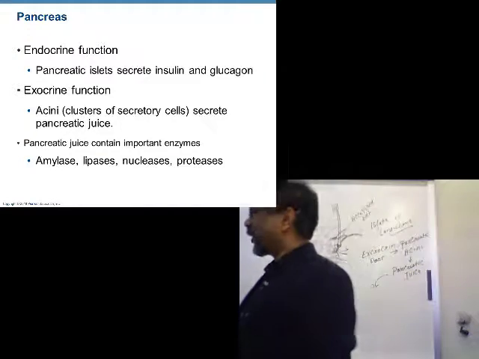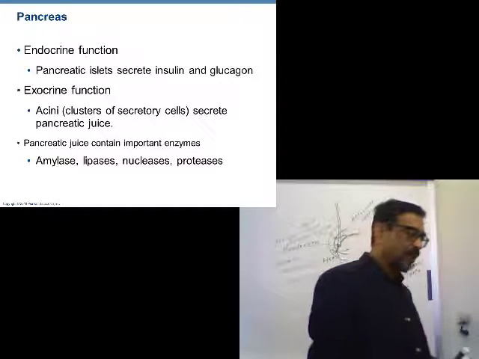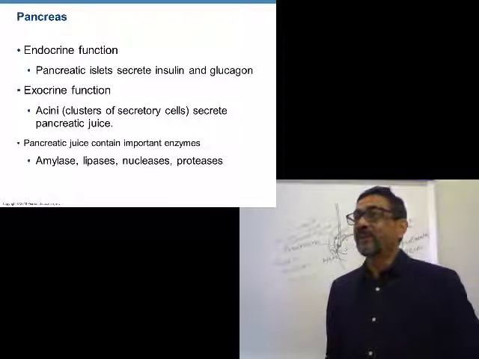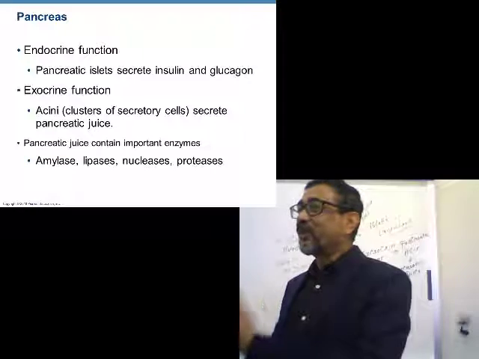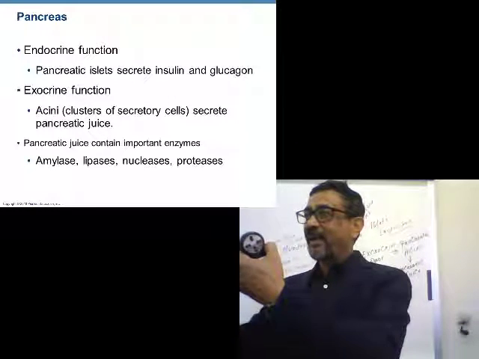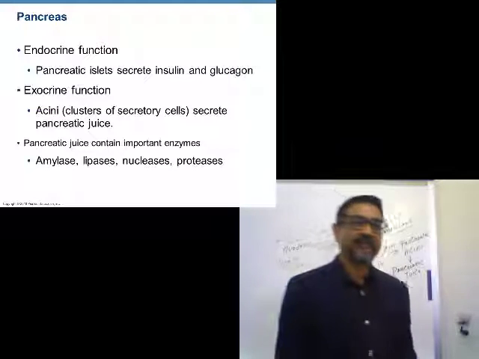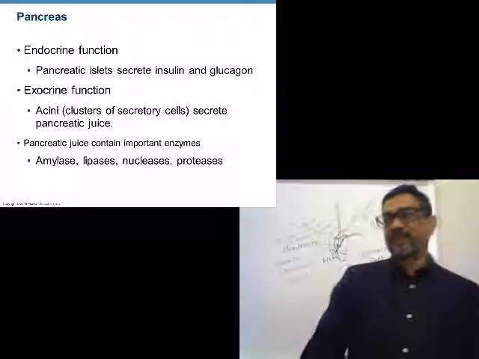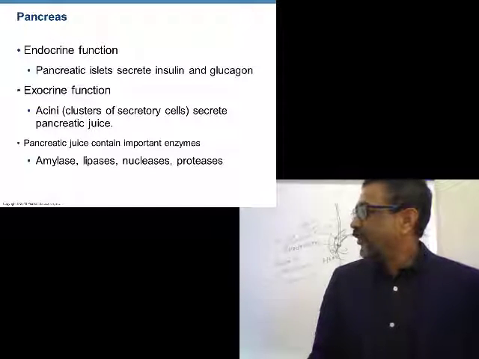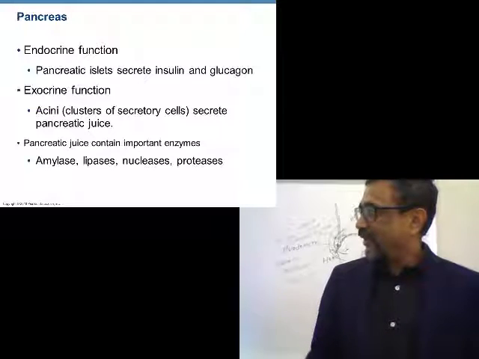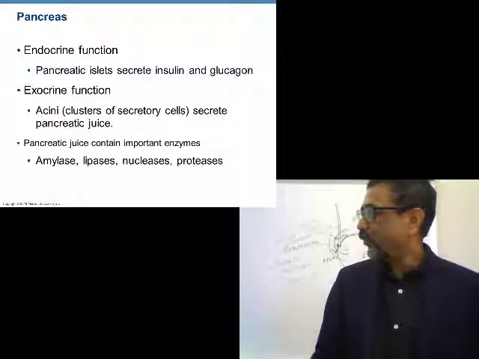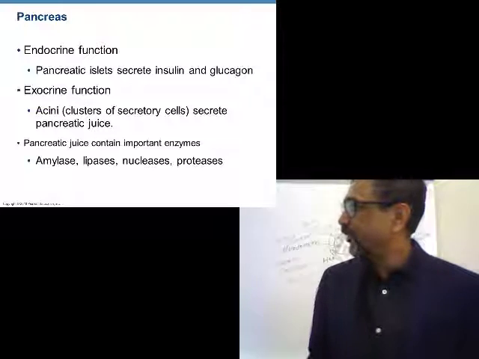So those organic food compounds are digested by these enzymes. So you see, pancreatic juice contains all those 4 types of enzymes, right? Those are needed for proteins, carbohydrates, fats, and nucleotide digestion. So very important. It has everything. So pancreatic juice is very important for digestion of food, proteins, carbohydrates, fats, and nucleotides.